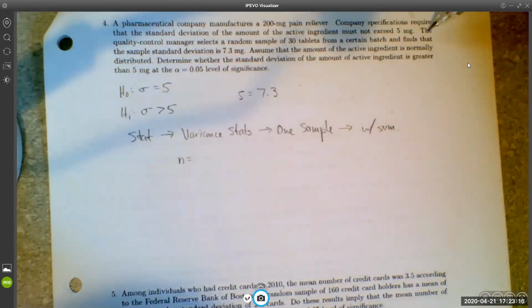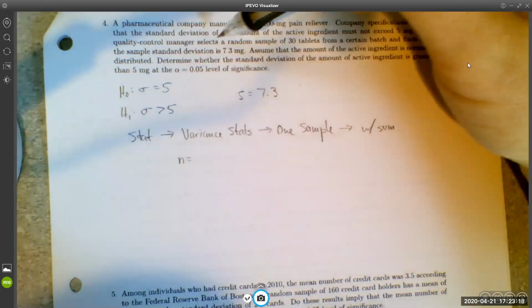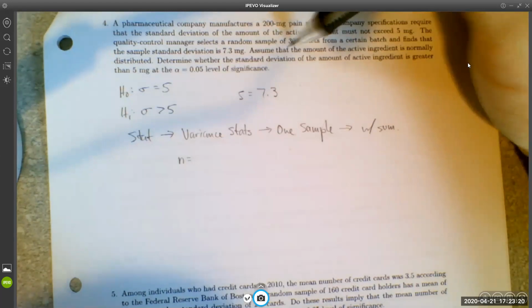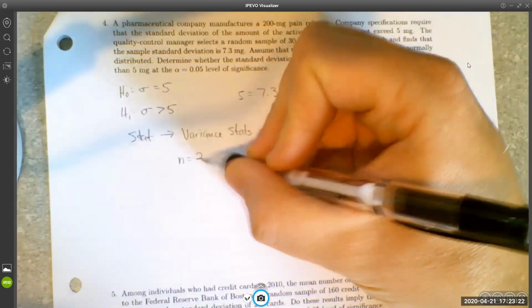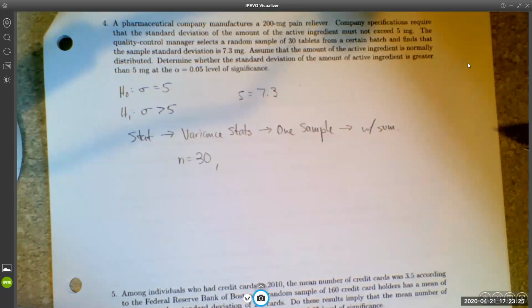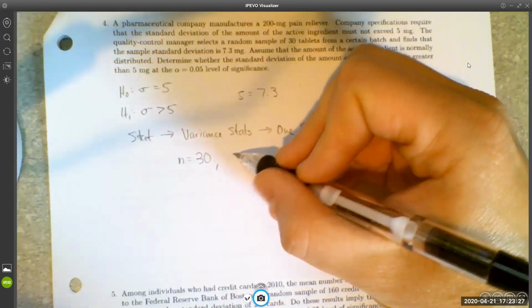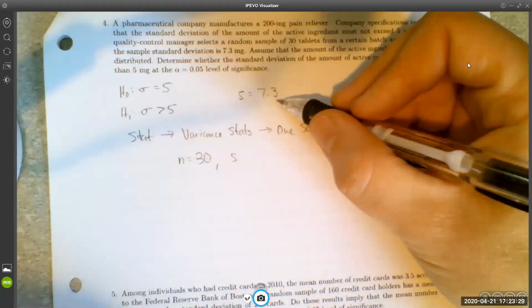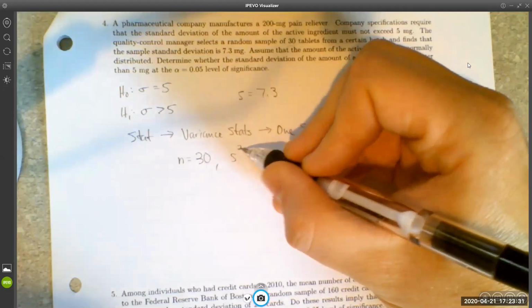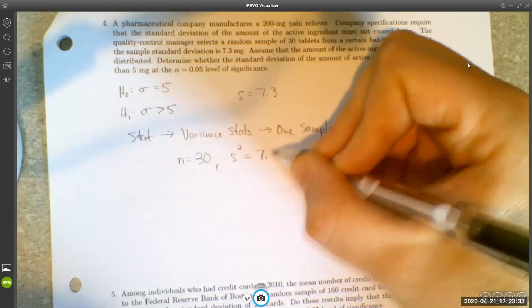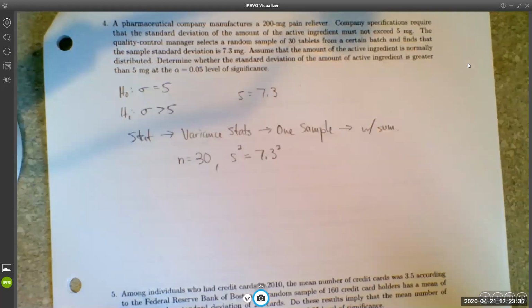In this case, it says that the quality control manager selects a random sample of 30 tablets, right? So our sample size is 30. And then they're going to prompt us for the sample variance. Remember, the standard deviation is 7.3, so that means the variance is 7.3 squared. So that's what I'm going to enter into StatCrunch.